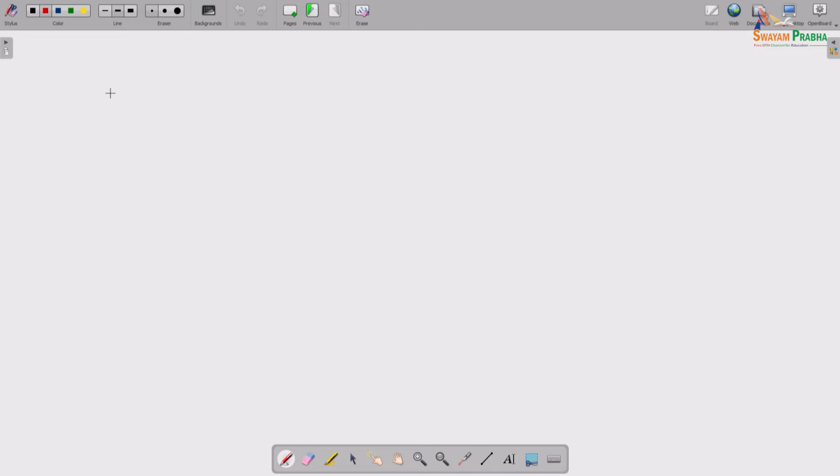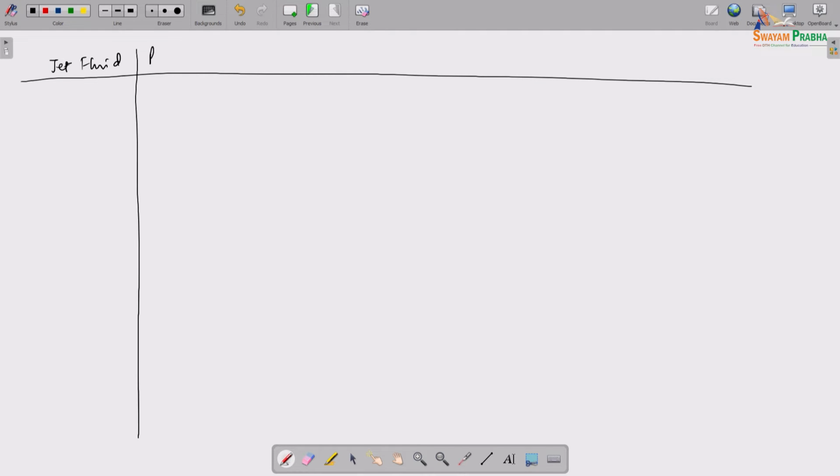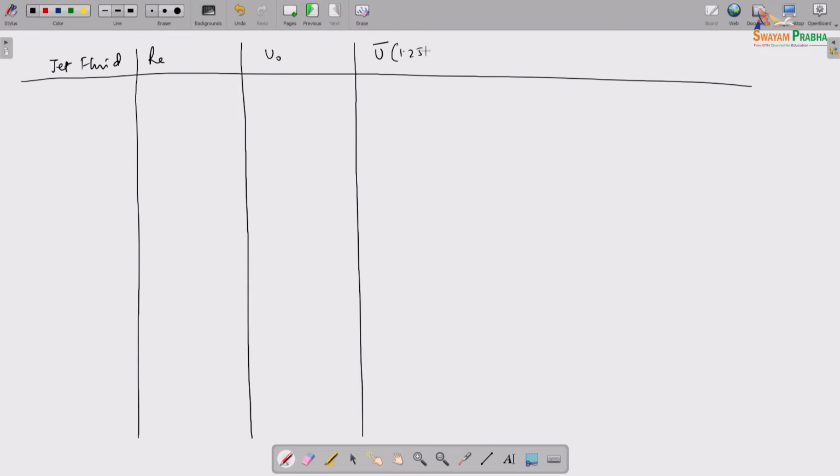So, if I write this here, then for example, this is the jet, okay. So, this is a jet fluid, okay, and let us write out the Reynolds numbers. Let us write out the center line velocity, and now the mean velocity at 1.25, this location.